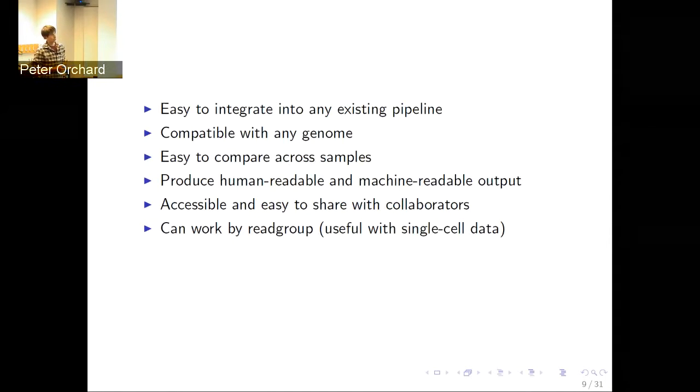And you'd like things to work on a per read group basis too. This is important because single nuclei ATAC has actually come online now. This is something we're doing in the Parker lab as well. And so being able to run it on a single BAM file with all of your single cell data in there is nice.